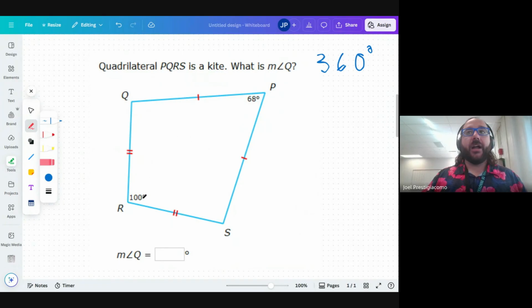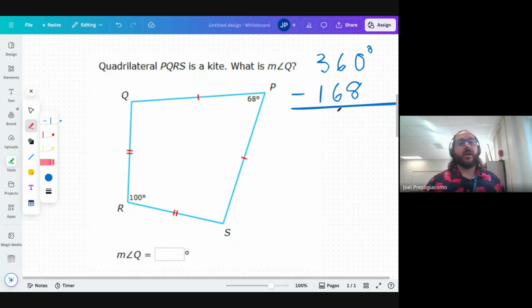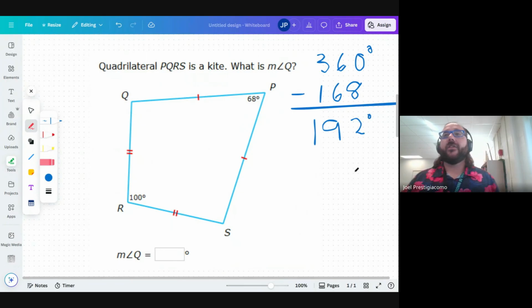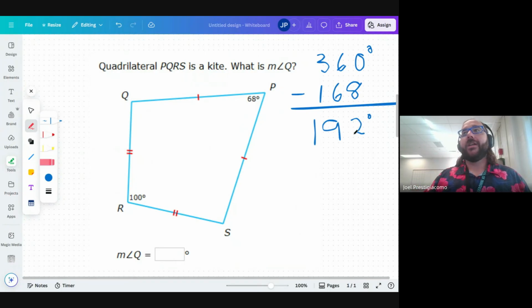So if we have 168 together, if we perform this subtraction, how much is left over? This is almost 200 degrees. It's going to be 192, okay? So that's not the measure of Q, right? Q and S together make 192.